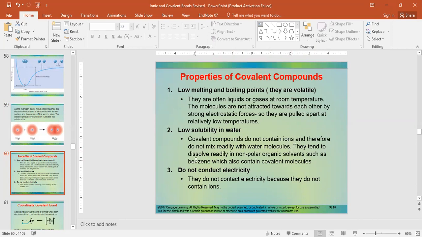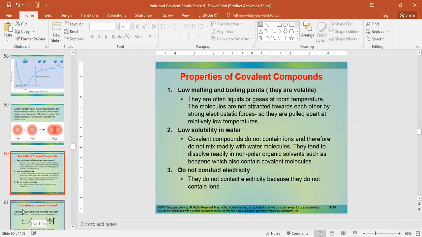And they tend to dissolve readily in non-polar organic solvents such as benzene, tetrahydrofuran, and those kinds. But those that form polar covalent bonds, like alcohol, like water, are going to be soluble in water. Even hydrogen chloride gas is soluble in water because of the polarity of the bonds. Now, they do not conduct electricity. Why? It's because they do not have mobile ions.